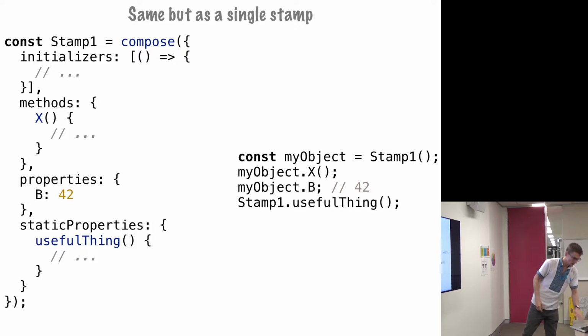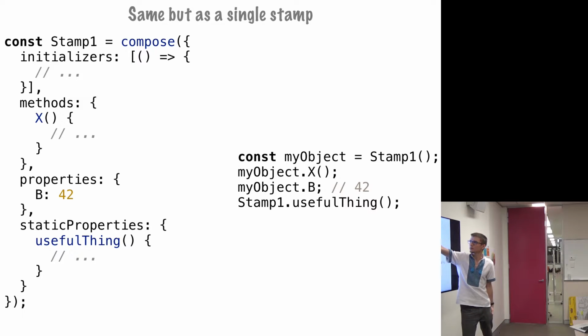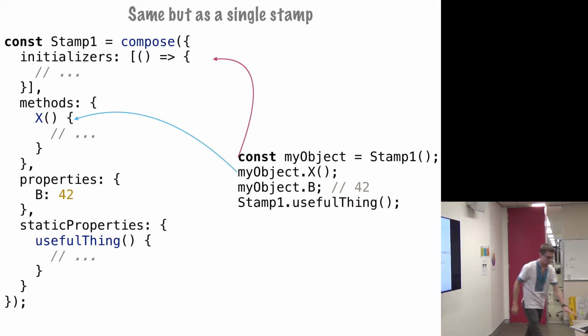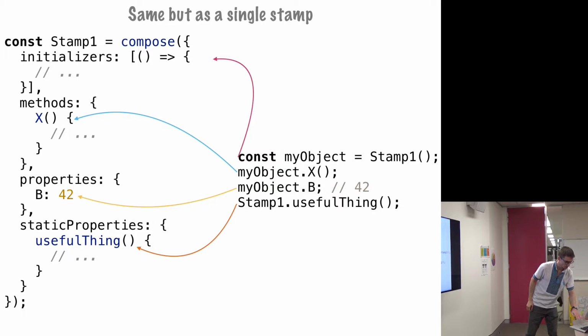You actually can specify them in a single compose call and just list them all like properties. And then the same stuff happens over here as it happens over here. Easy. So far, simple.